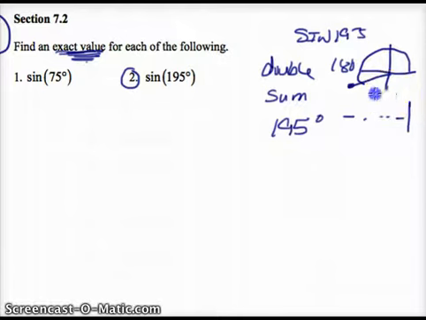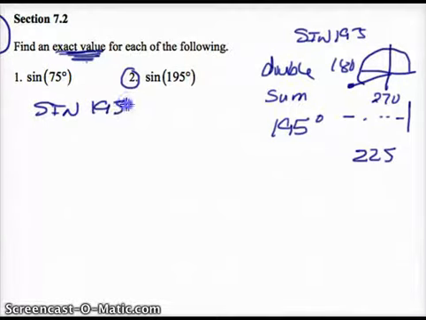That's not going to work. 270, that's going to be 75. Getting closer. How about 225? 225 and 195, that's 30 degrees. Bingo. All right, so the sine of 195 degrees is equivalent to the sine of 225 minus 30.